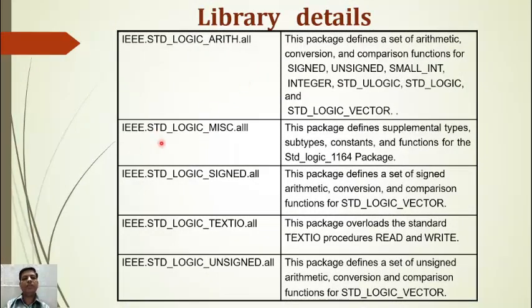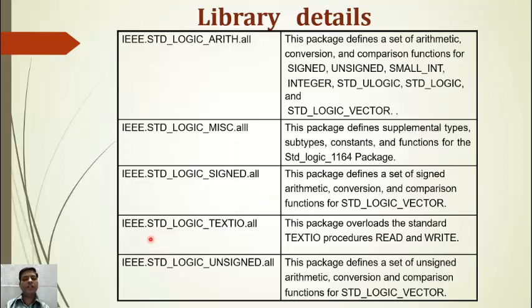IEEE.standard_logic_arith.all, IEEE.standard_logic_miscellaneous.all. This package defines supplemental types, subtypes, constants and functions for the standard_logic_1164 package. IEEE.standard_logic_signed.all. This package defines a set of signed arithmetic conversion and comparison functions for standard_logic_vector.